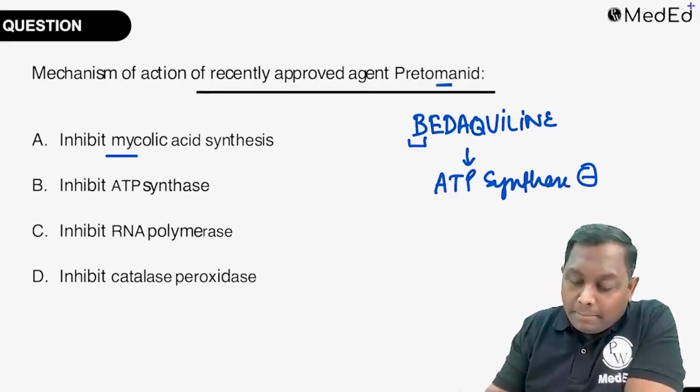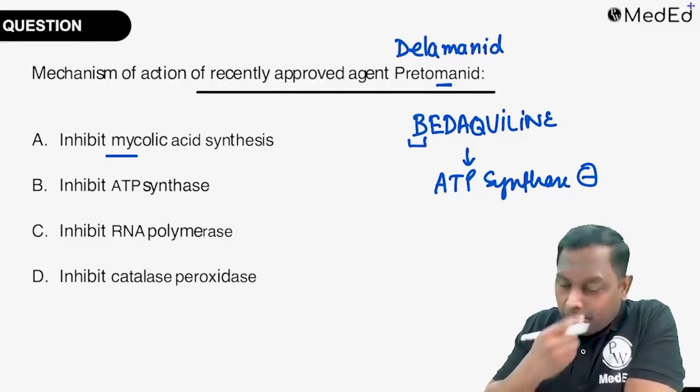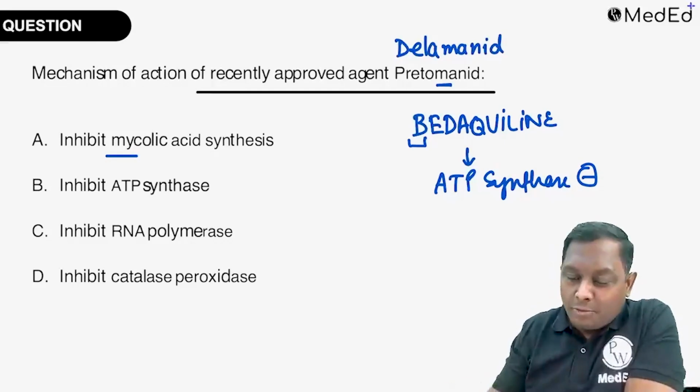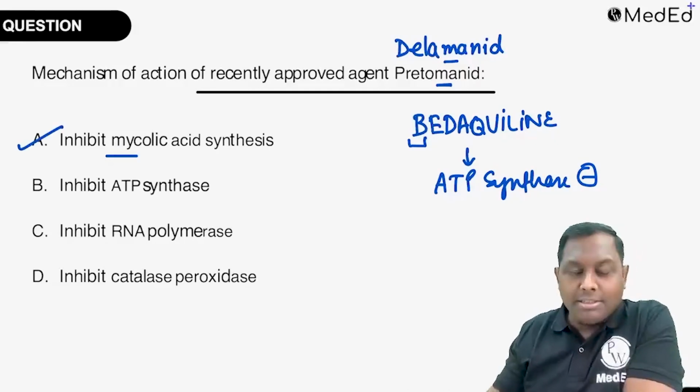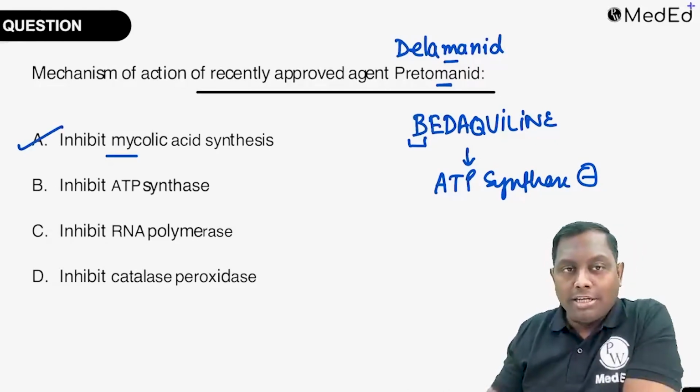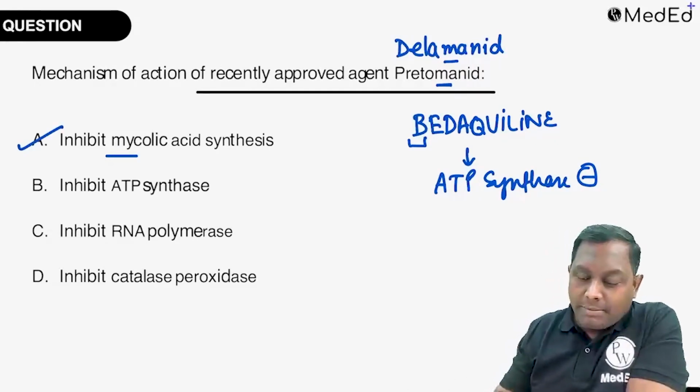And pretomanid, and we have one more, delamanid. Because bedaquiline has already been asked, the next potential MCQ could be on the manids. So M for manid: they are the mycolic acid synthesis inhibitors. ATP synthase inhibitor will be bedaquiline.